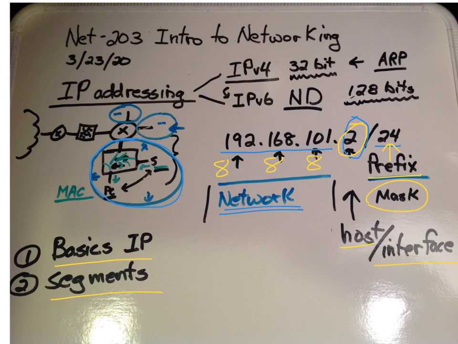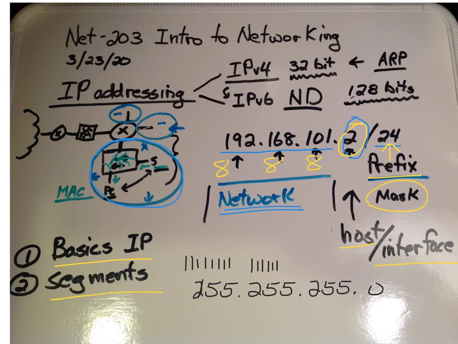If we listed a mask, that would be 255.255.255.0. If you convert that to ones, that would be 1, 2, 3, 4, 5, 6, 7, 8, three times.